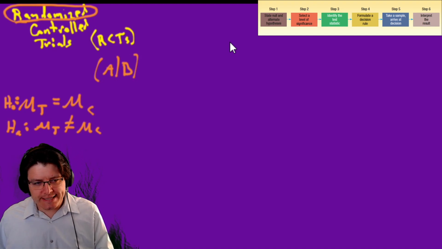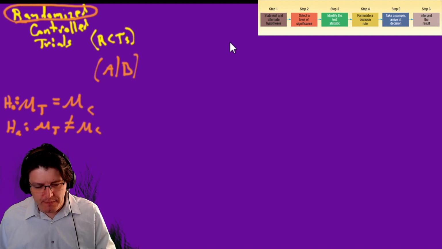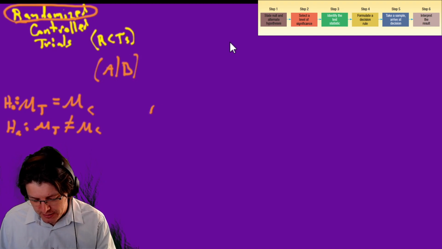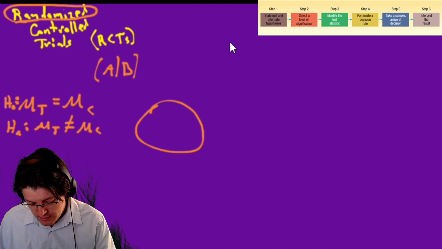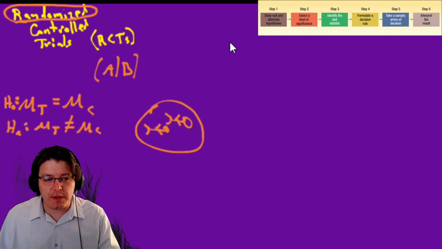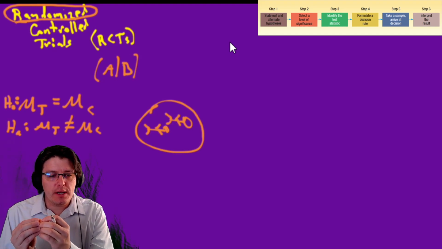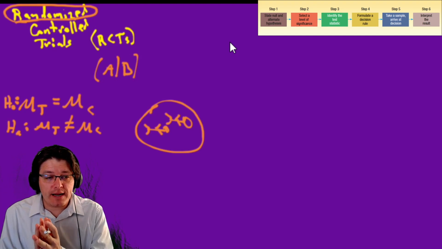What we're going to do is take our group of people. Let's say we have a bunch of people that are sick. They all need to be hospitalized, so they're laying on their backs. They've all been hospitalized, and they're ready for treatment.